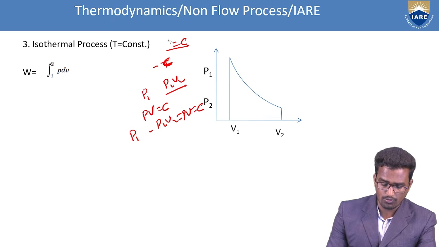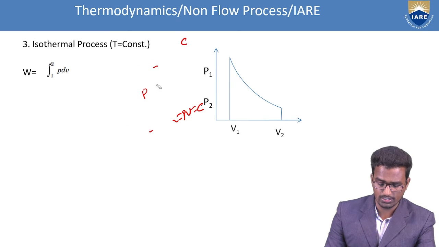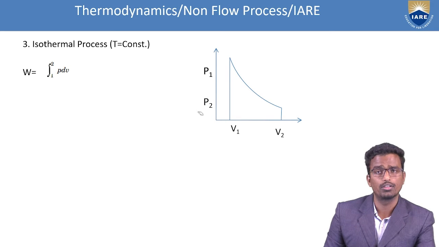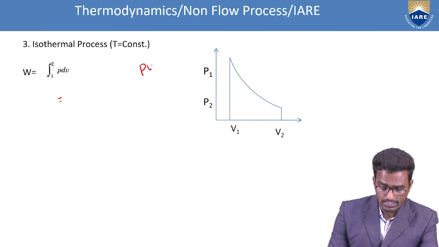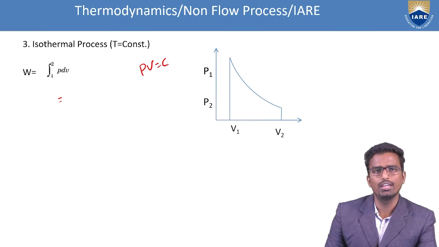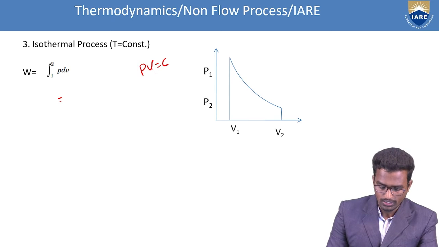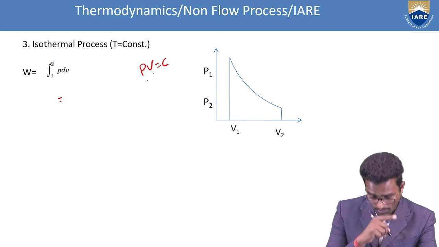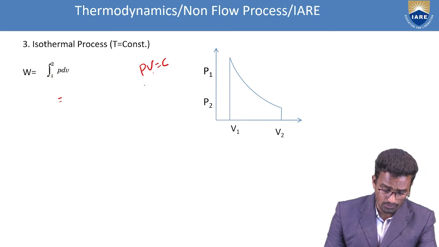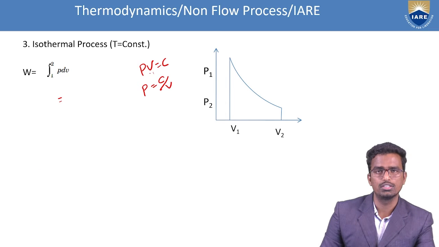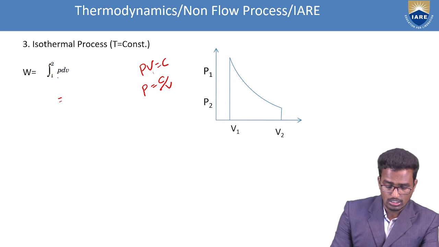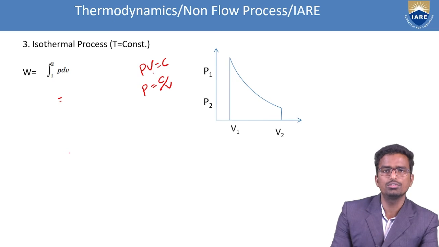Now we apply the same approach we used in the previous condition to find the work done in the isothermal process. PV is equal to constant. Now I convert this in terms of volume, so P is equal to C by V. I bring V to the other side because we have the P term and have to convert it into volume terms.